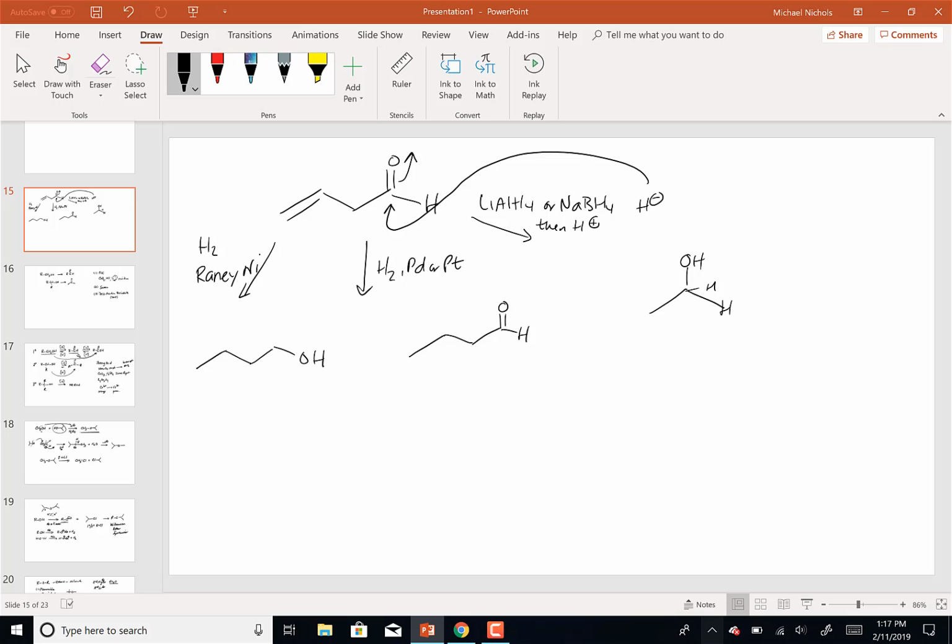Does the H minus react with a double bond? A carbon-carbon double bond? No? Why not? It doesn't react with a double bond, but why?